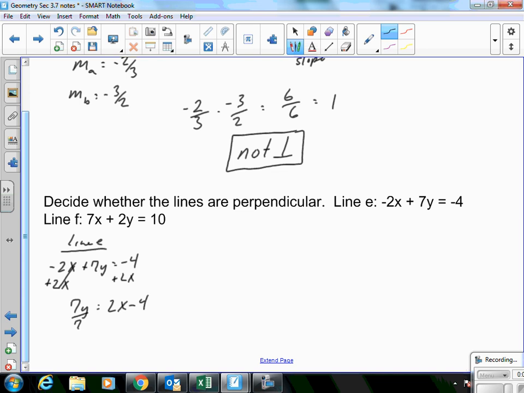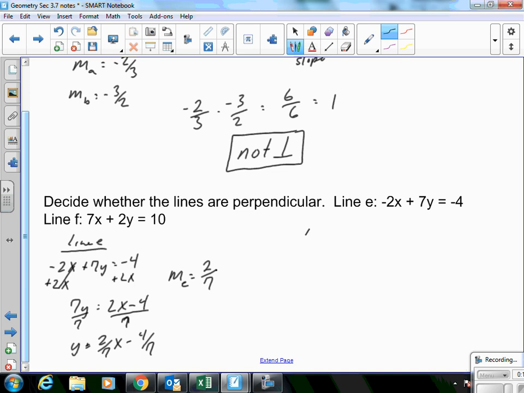And divide by the 7. So to give us y equals 2/7 x minus 4/7. So now from the equation, we can get the slope of line E is 2/7.